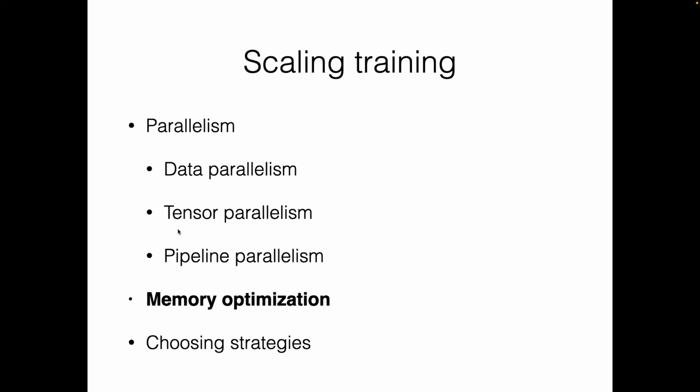And then within your 4 GPUs, you can split up the model with tensor parallelism or pipeline parallelism. You have to be careful how you split up the model. But again, you can have these be kind of complementary.